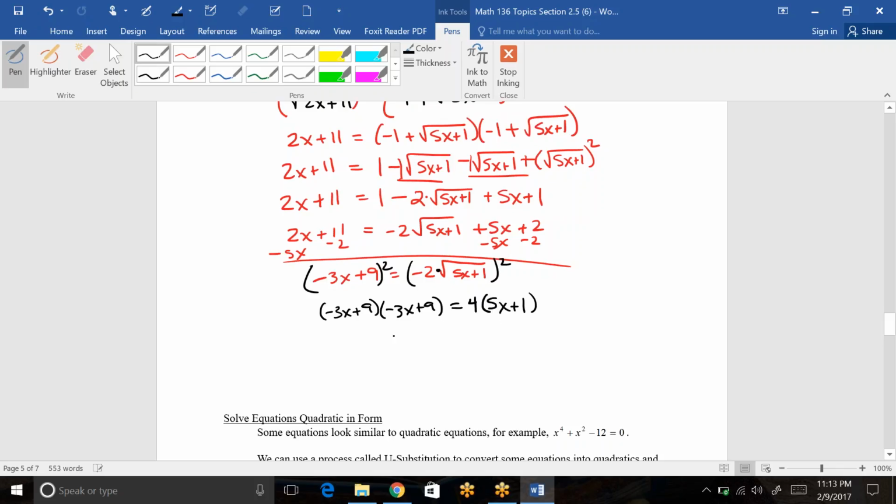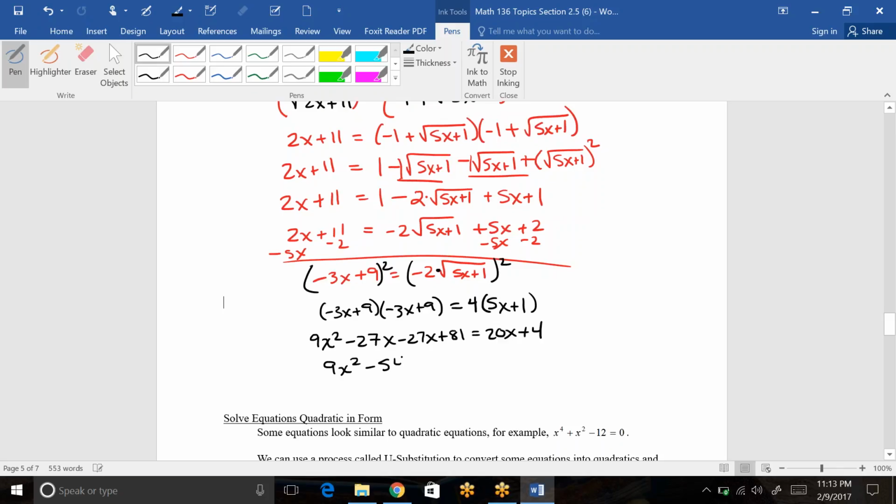So we need to FOIL and distribute everything out. -3x times -3x is positive 9x squared. -3x times 9 is -27x. 9 times -3x is another -27x. 9 times 9 is positive 81. 4 times 5x is 20x. 4 times 1 is 4. Try moving everything to one side, get your like terms together.